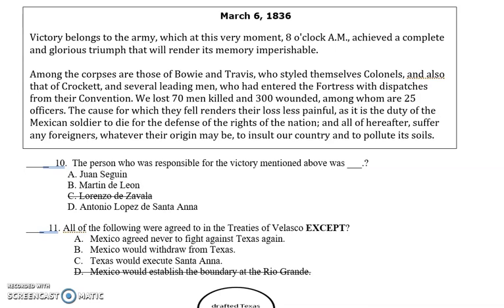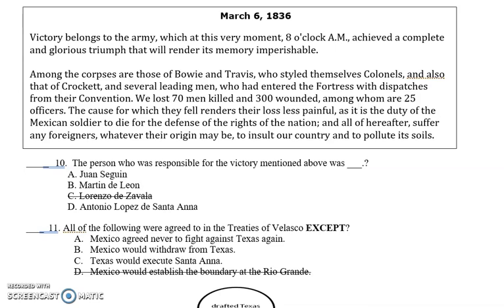We lost 70 men killed and 300 wounded, among whom are 25 officers. The cause for which they fell renders their loss less painful, as it is the duty of the Mexican soldier to die for the defense of the rights of the nation and not suffer any foreigners, whatever their origin may be, to insult our country and to pollute its soil.